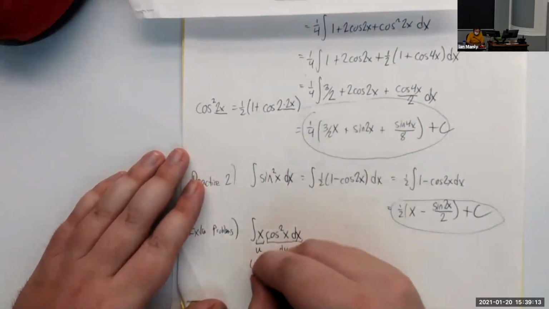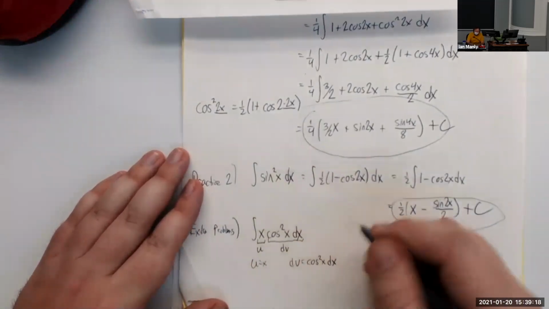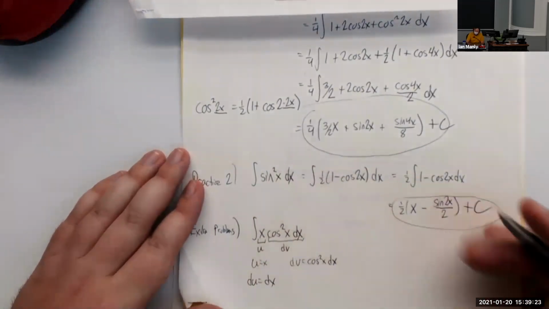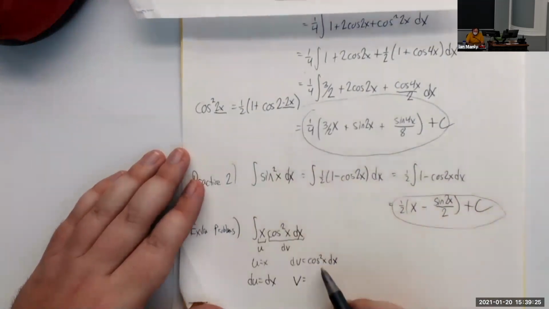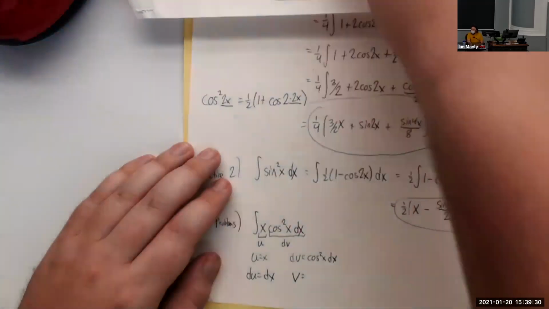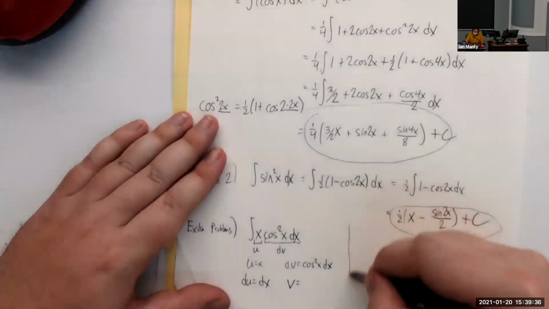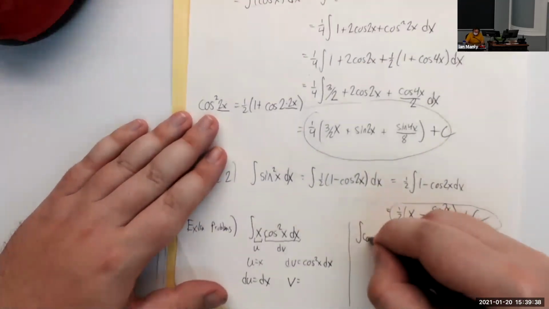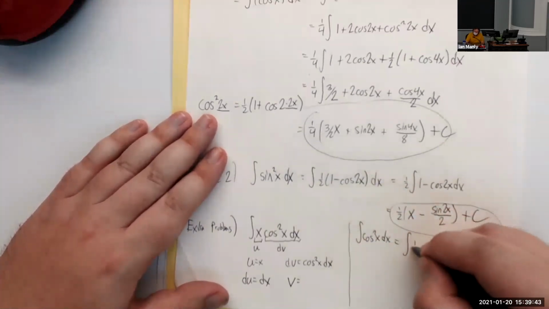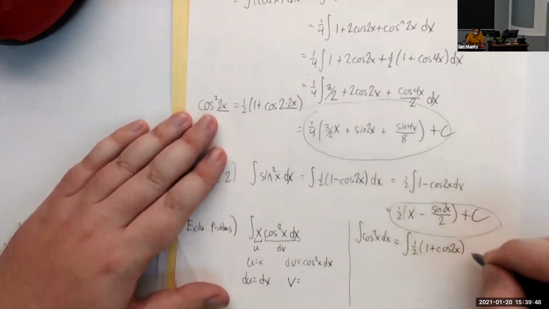All right, so if u is x and dv is cosine squared of x dx, then du will be dx right here. And then for v, we need to integrate cosine squared. So kind of off to the side, similar to the problem that we just did, I'll just do it over here. The integral of cosine squared, we're going to use the half angle identity. So it's 1/2 times 1 plus cosine of 2x.